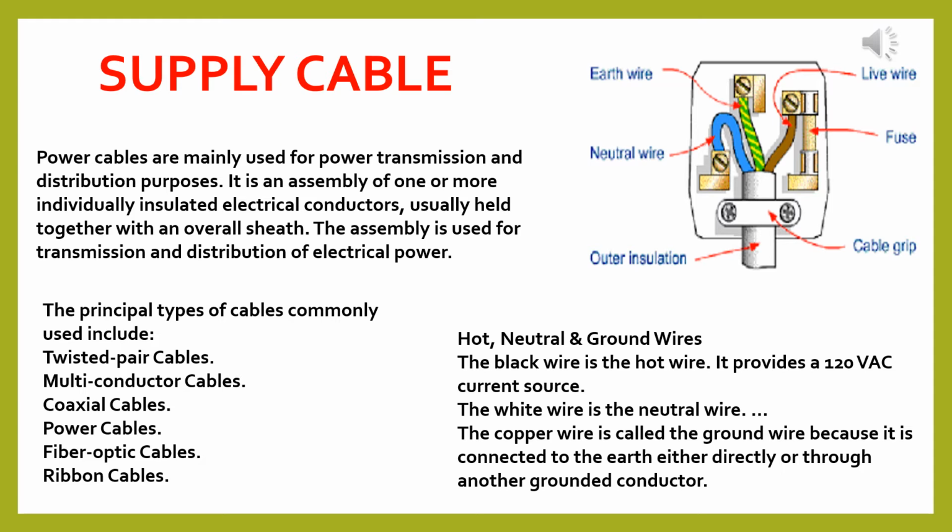Now see the diagram carefully. Earth wire, neutral wire, live wire. I have labeled them. Next, fuse, cable grip and outer insulation. I hope you have understood the structure of the supply cable, that means actually the structure of your meter box.